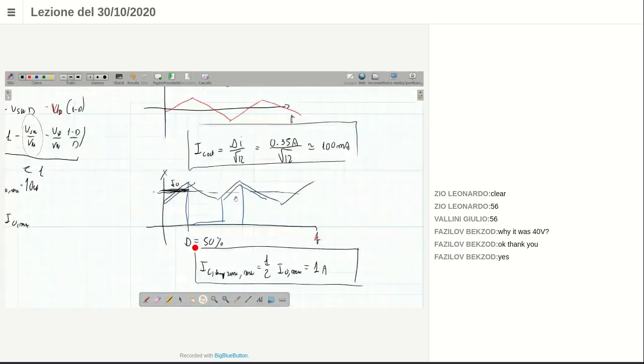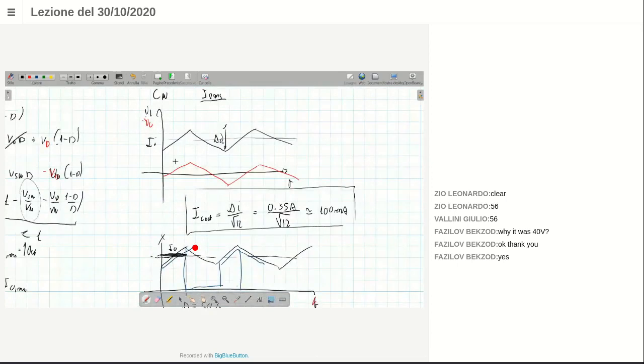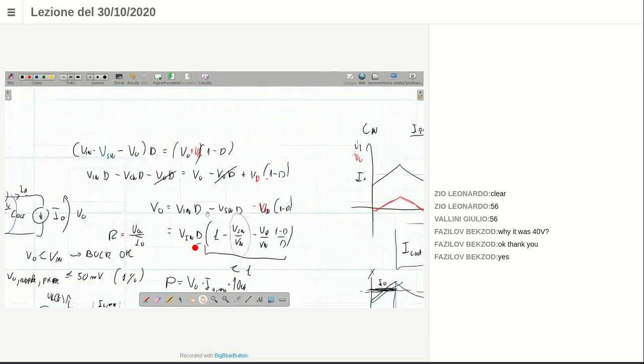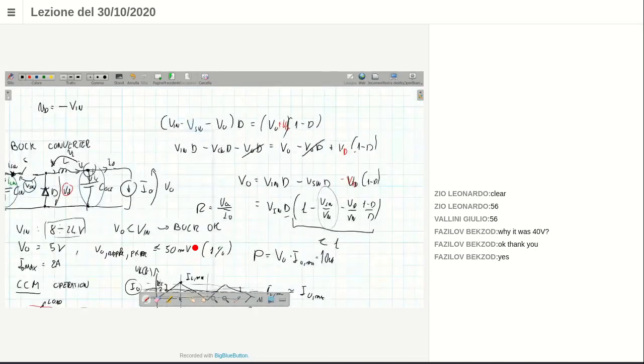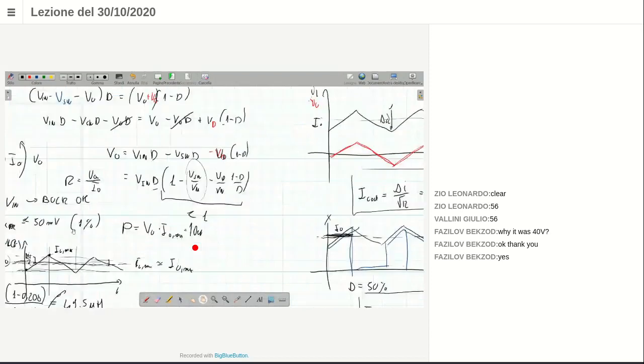We know that, as I have said before, the current flowing through the capacitor is basically the ripple component. Since we have this current flowing through the capacitor, the voltage across this capacitor is basically this current times the impedance of the capacitor.